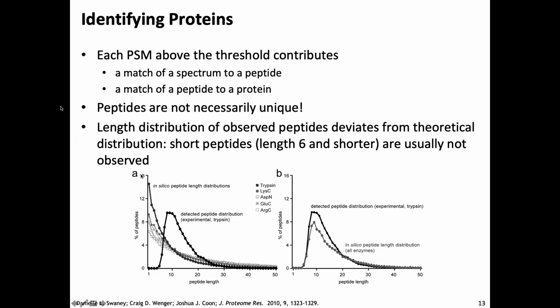The other curve is what you should expect if you do an in silico digest of your protein database. So why the difference? What's going on there? Apparently all the left-hand side here is missing. And why is that?